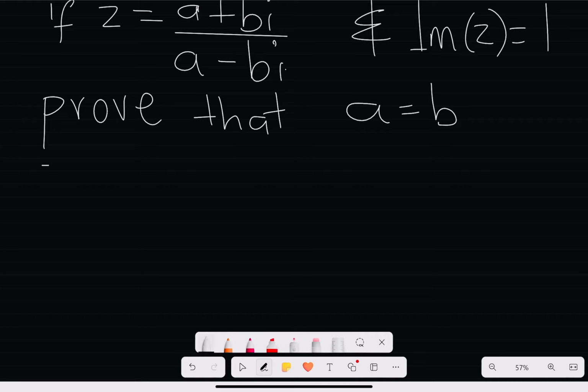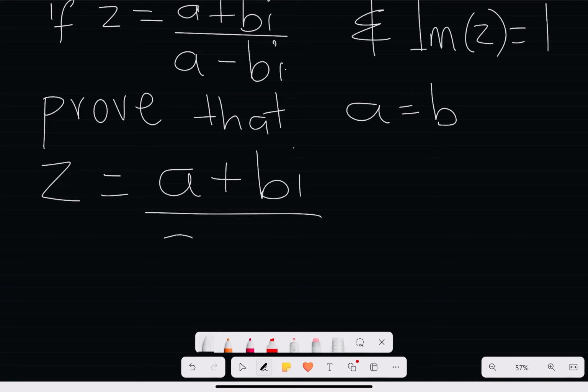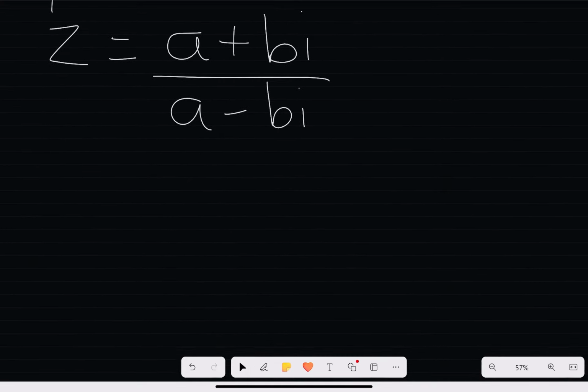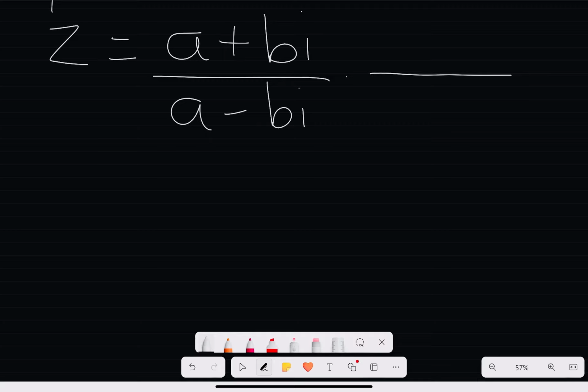So I'm going to quickly rewrite my z here. z equals a plus bi all over a minus bi. Remember, ladies and gentlemen, if I'm working with fractions in complex numbers, I always need to multiply by the conjugate of the denominator.